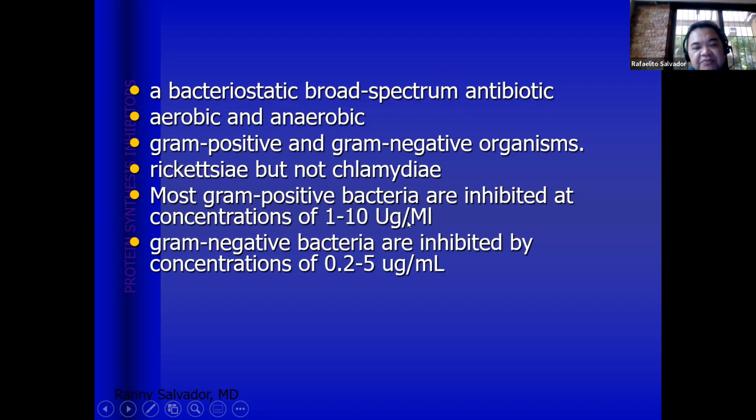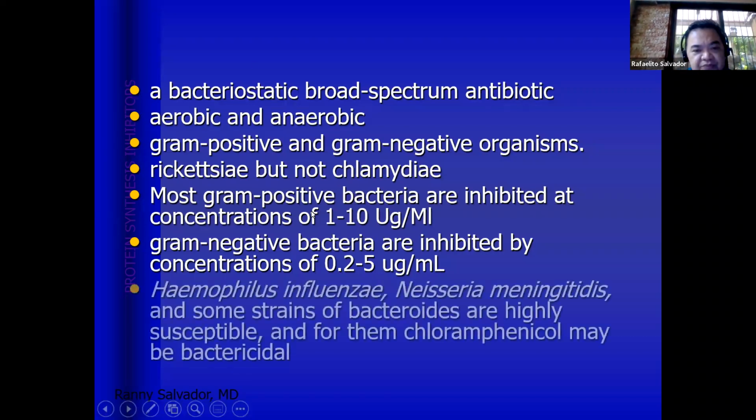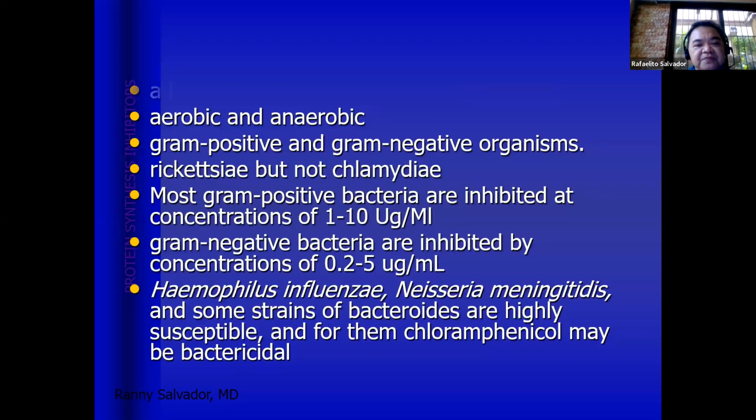Before, this was the best drug for typhoid, probably even today, except that we're afraid of its adverse reactions. Haemophilus, Neisseria meningitidis, and some strains of Bacteroides are highly susceptible, and for them, as an exception, it might be bactericidal. So as a rule, it's bacteriostatic, but there are some exceptions.